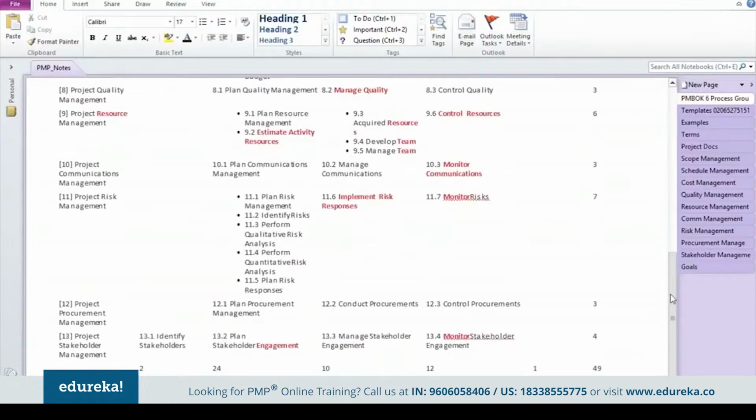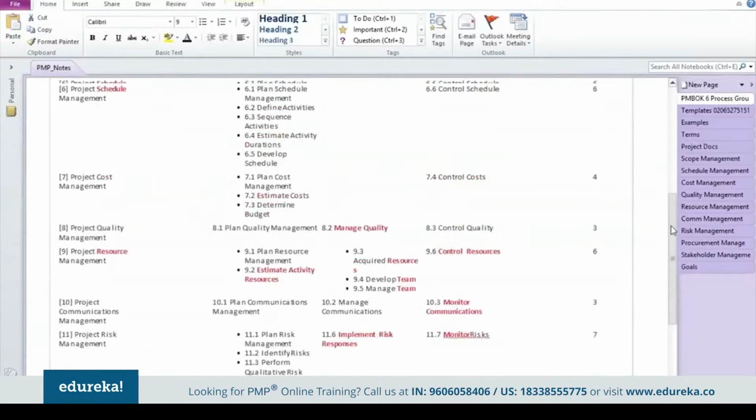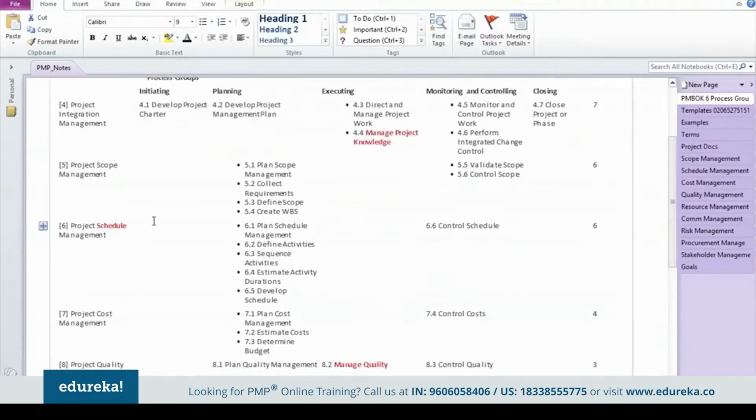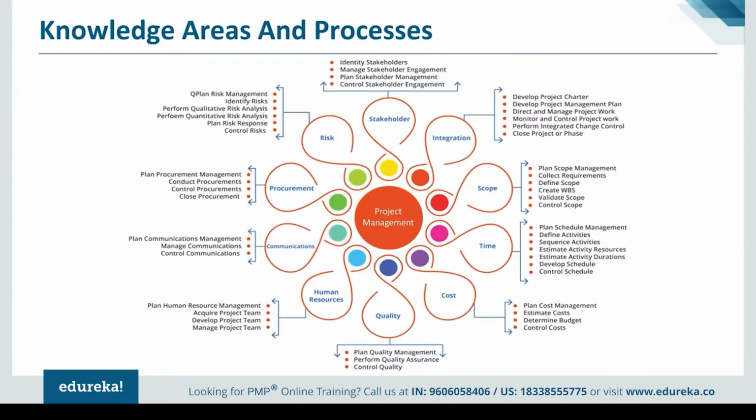This is where all of the process groups and the processes come into the picture. There are a total of 49 of them, and there are 10 knowledge areas and these process groups. You'll find various processes cut across multiple knowledge areas from each of these process groups.